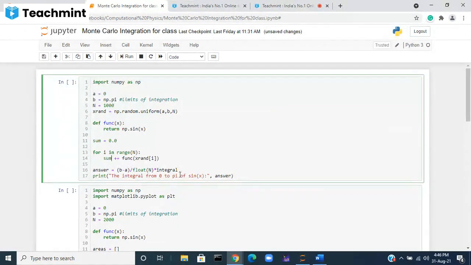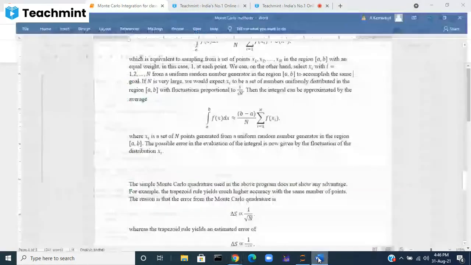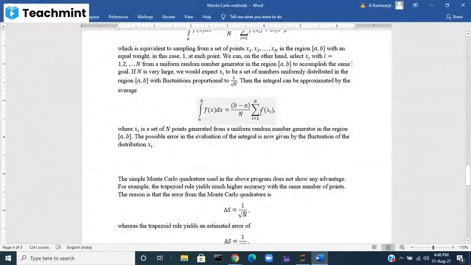Here also this is not the integral, this is the sum. This is the summation of f of x.